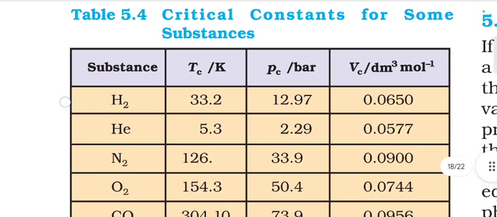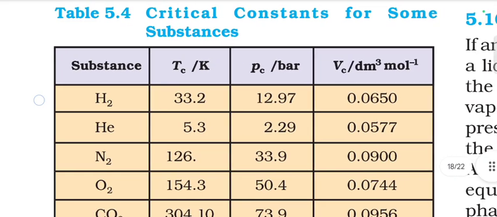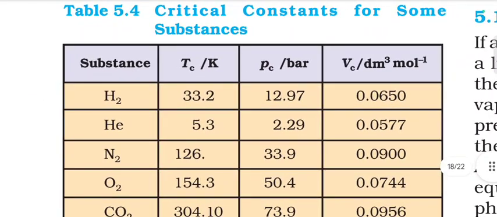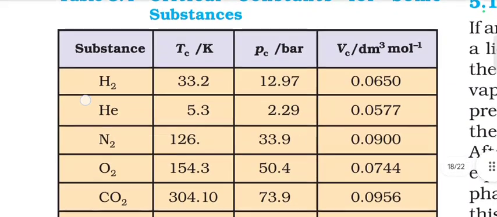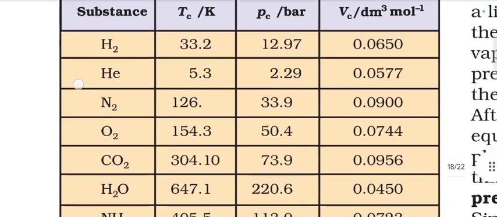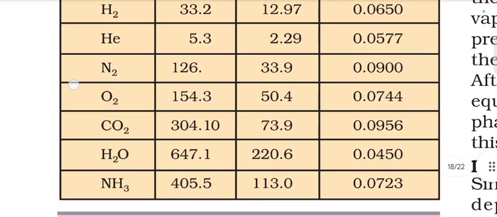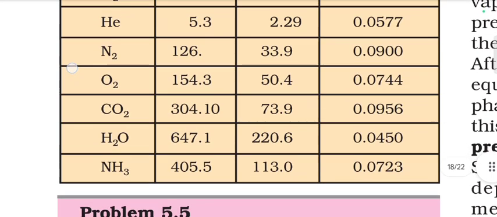Substance, temperature, TC, PC, VC. H2: 33.2, 12.9, 0.0650. HE: 5.3, 2.29, 0.0577. N2: 126, 33.9, 0.0900.